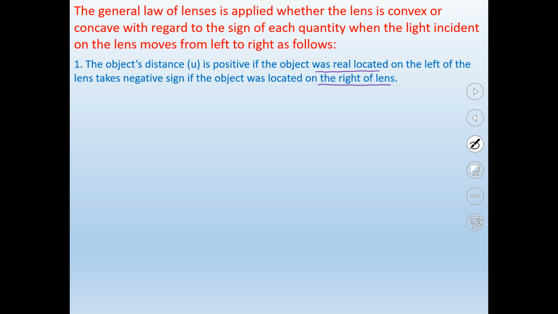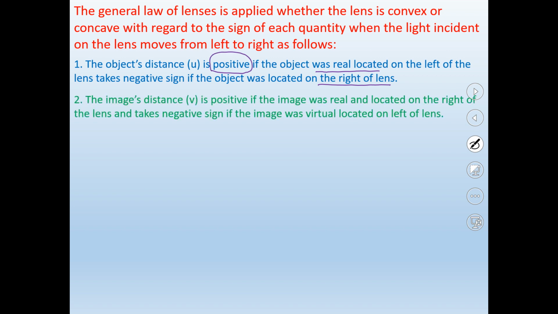Secondly, the image distance is positive if the image is real and located on the right side of the lens, and negative if the image is virtual and located on the left of the lens.